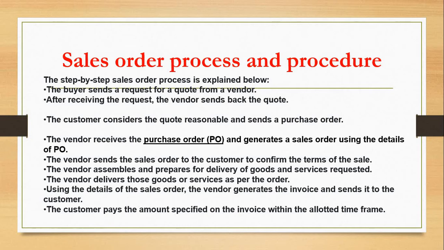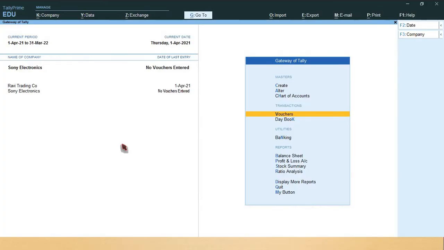Now we move to Tally. Friends, I have already created one company, ledger accounts and stock items, because you are well aware of how to create the company and ledgers. Now we move to enabling the sales order voucher and delivery note voucher.